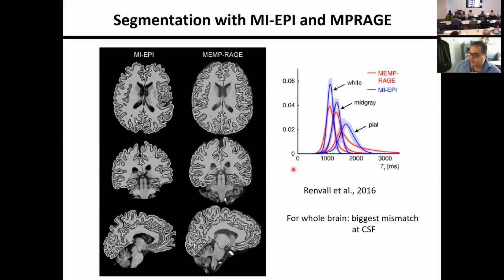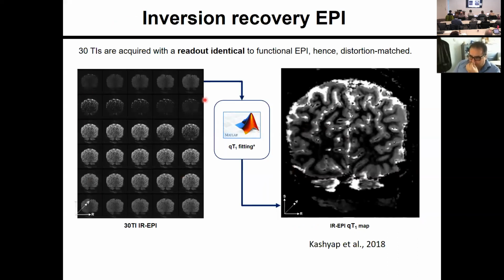Okay, so we took this idea and we did the same thing. We did 30 inversion times, we acquired different slices, and we shuffled the slice order. We did T1 fitting with MATLAB, and then we get the T1-weighted EPI. And then you see a nice gray-white matter contrast.